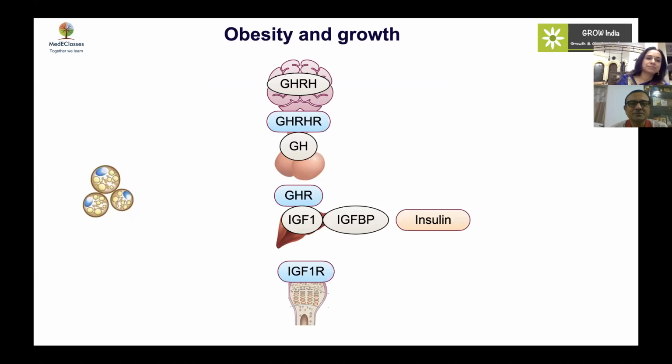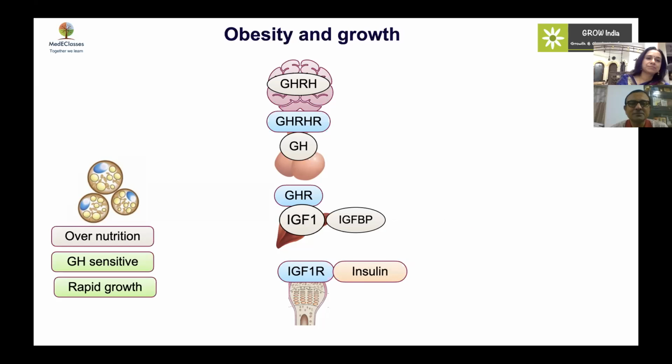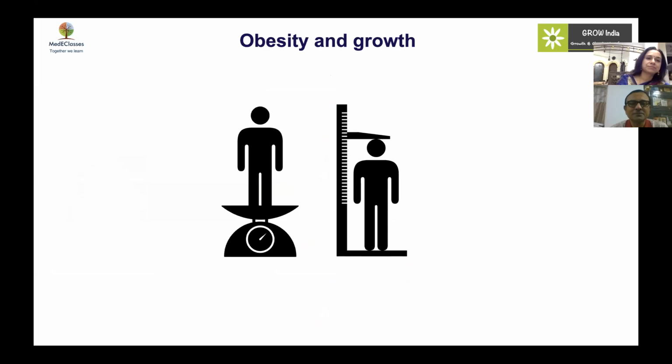Now, what happens in obesity when we go back to the bench is that once the weight increases, that causes insulin resistance, and that insulin resistance increases the IGF-1 levels by decreasing IGF-BP, causing increased growth. So obesity basically is an increased growth state, because insulin increases IGF-1 and has a direct effect on the IGF-1 receptor. So if somebody is obese, they should be tall. If you have a short child with obesity, you have to be bothered.